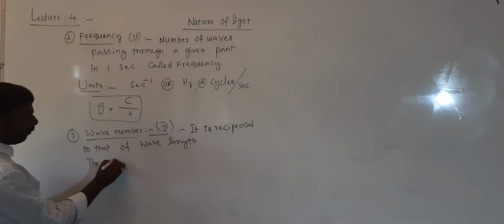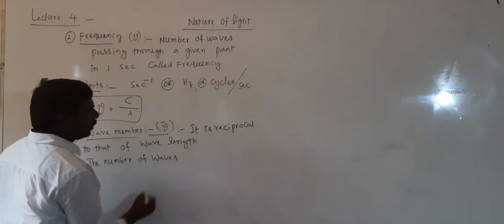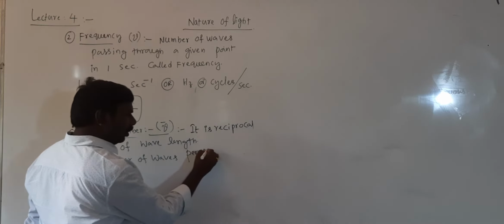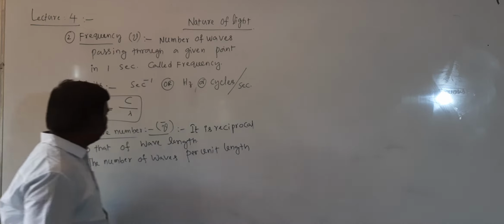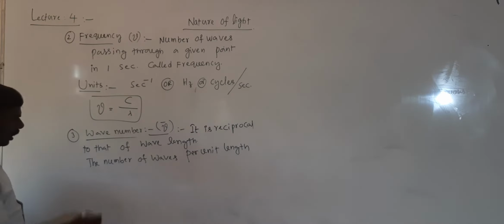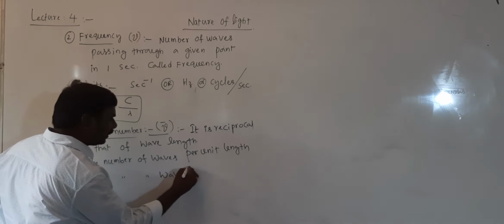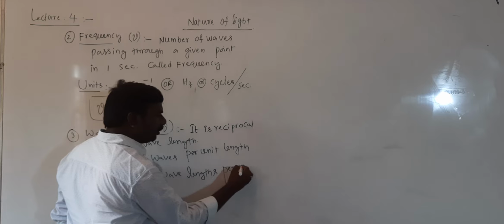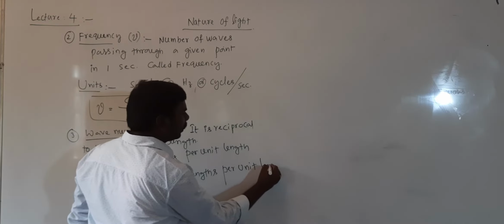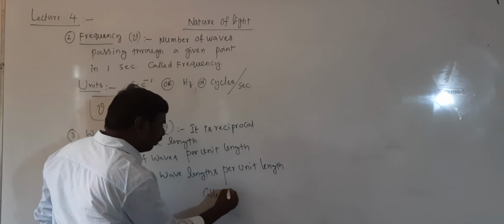Definition: the number of waves per unit length is called wave number. Otherwise, the number of wavelengths, both are correct, per unit length is called wave number.